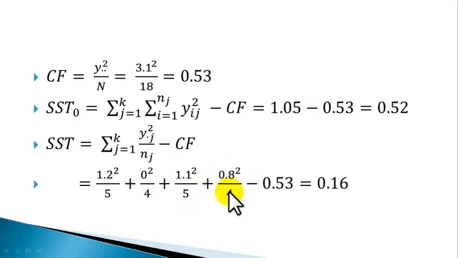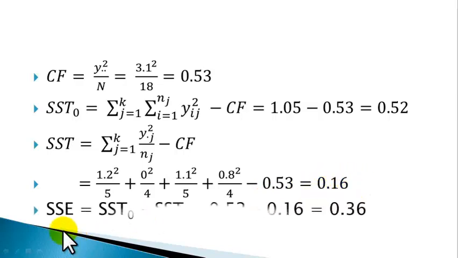We square that divided by 4. Then minus the correction factor, which is 0.53. When we simplify this, this will give us 0.16. We can then compute the sum of squares for error as sum of squares for total minus sum of squares for treatment, which is equal to 0.52 minus 0.16, and this is equal to 0.36.